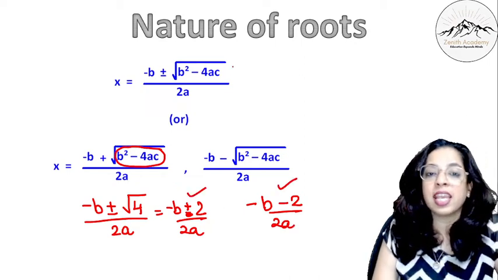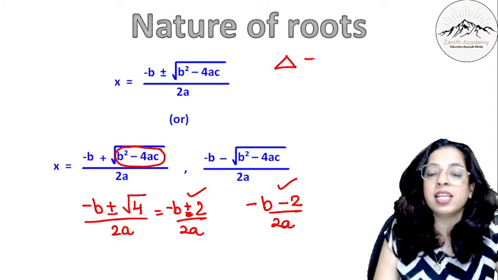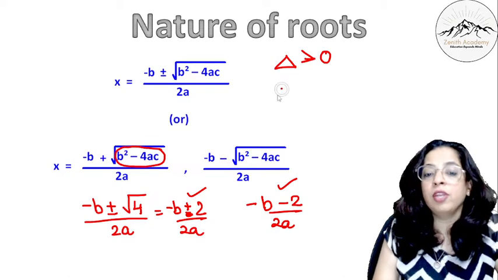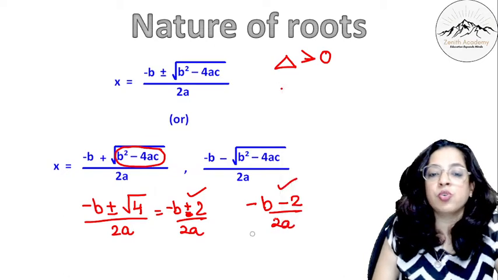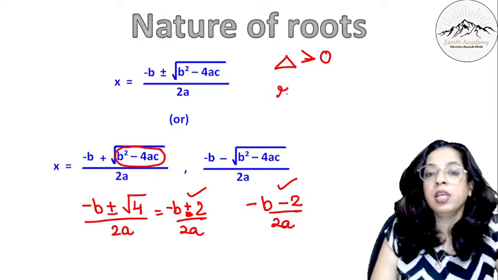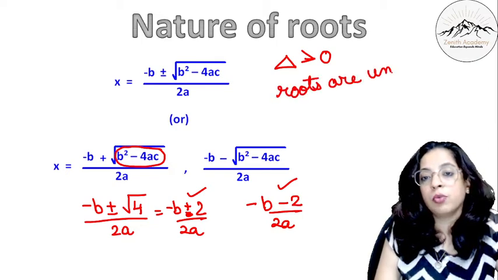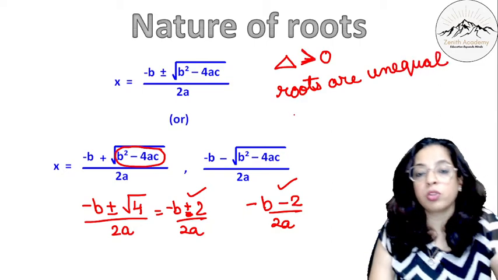In this case, when the discriminant is more than 0, see, here there is plus 2, here there is minus 2, so the roots are unequal. The roots are unequal when the discriminant is more than 0.